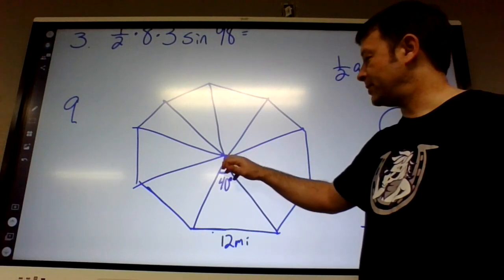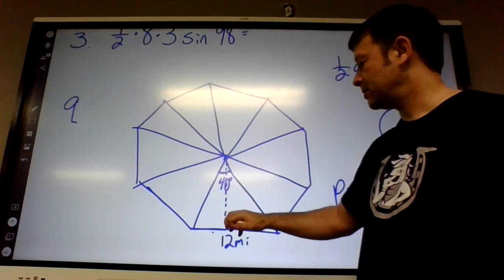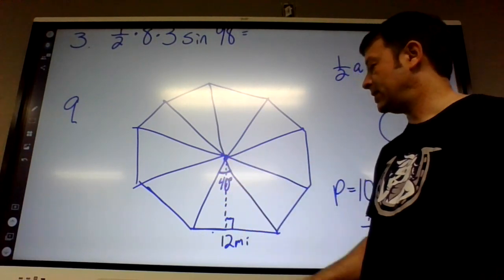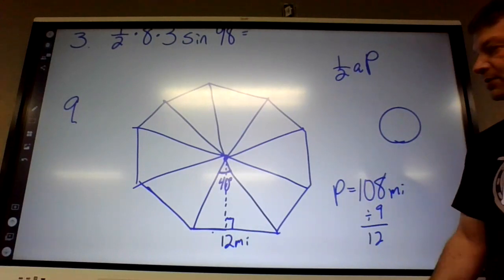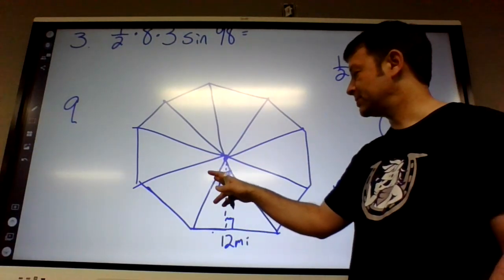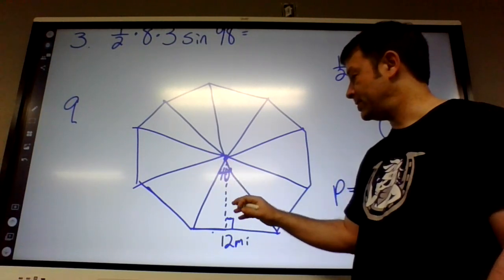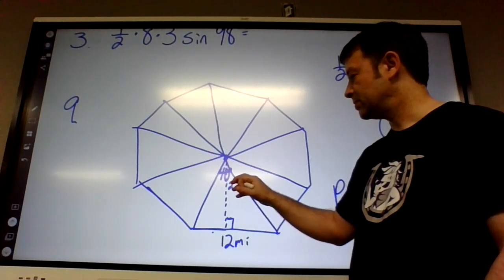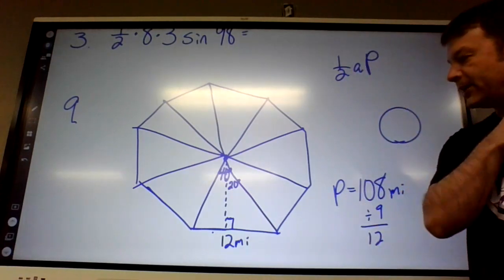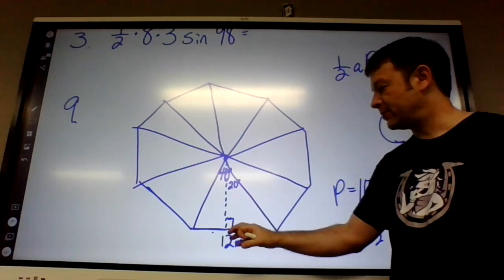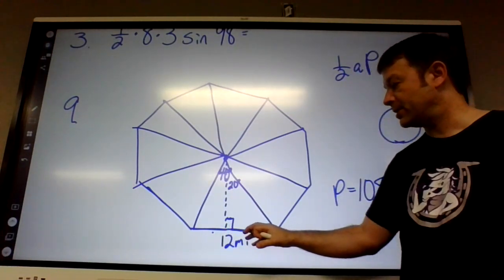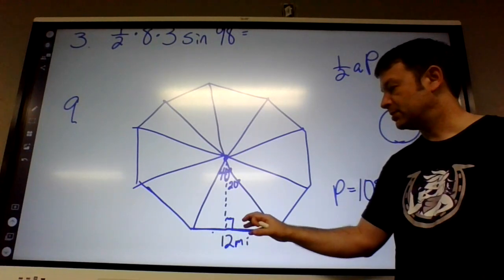Okay, if I draw in the apothem, it's going to create right triangles. What would this little angle right here be? 20. It's going to be half. What would this leg of the right triangle right here be, just from there to there? 6.